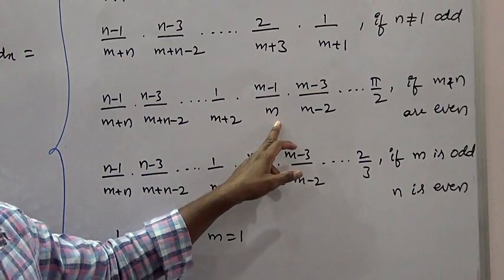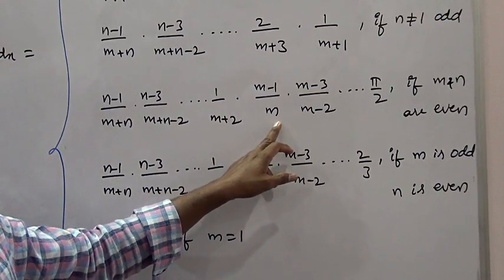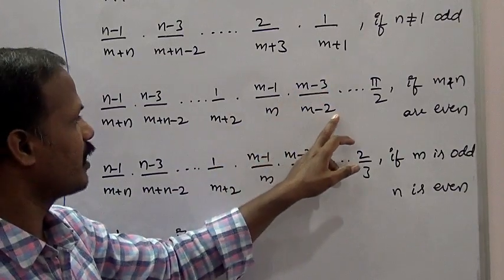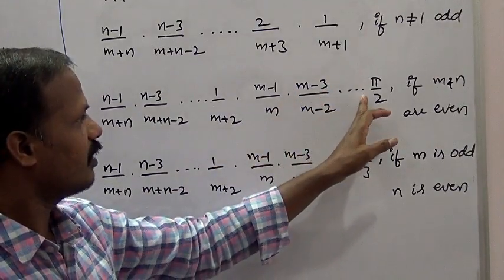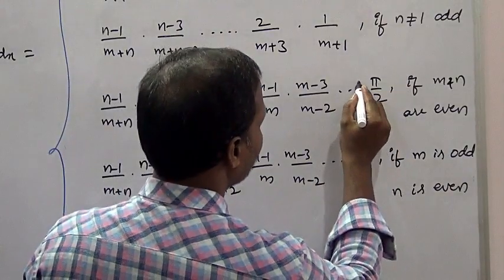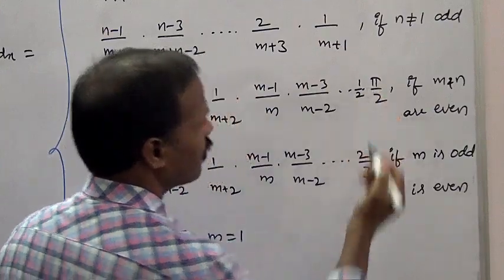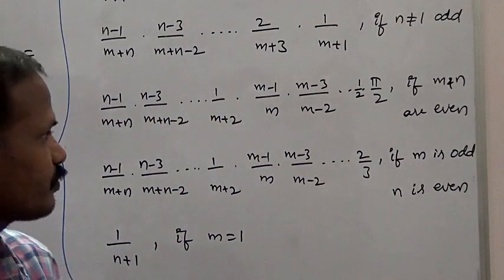Again, subtract 2 from numerator and denominator, so m minus 3 by m minus 2. Here actually you will get 1 by 2. Once you get 1 by 2, then at last you have to write pi by 2.